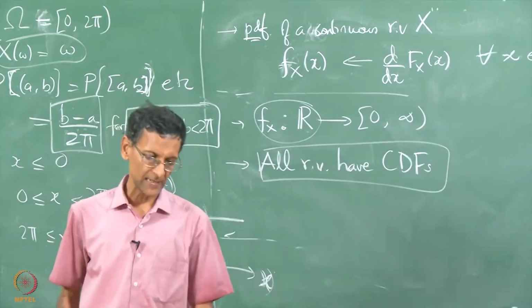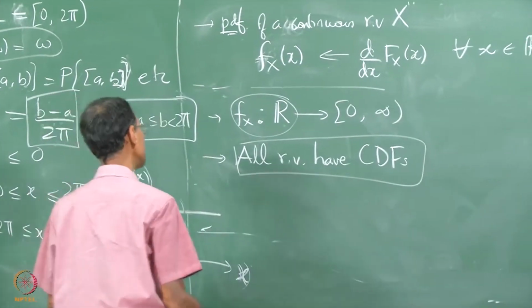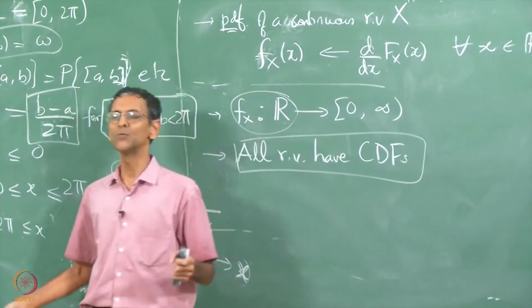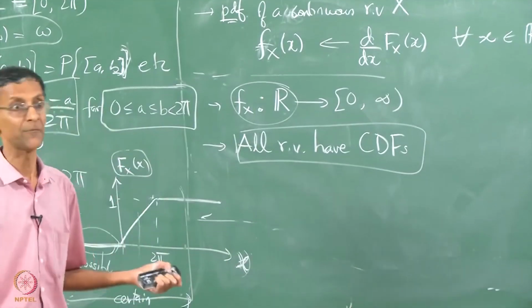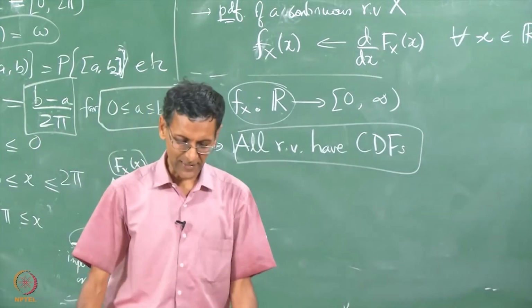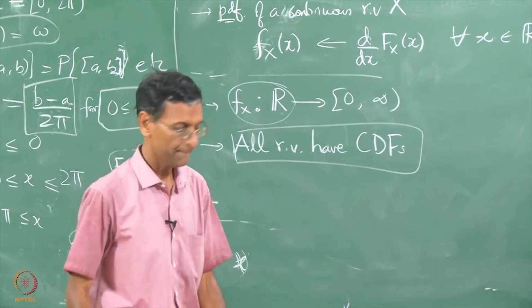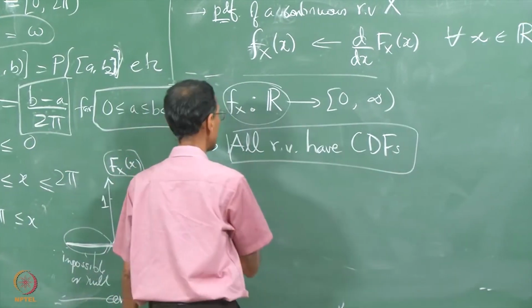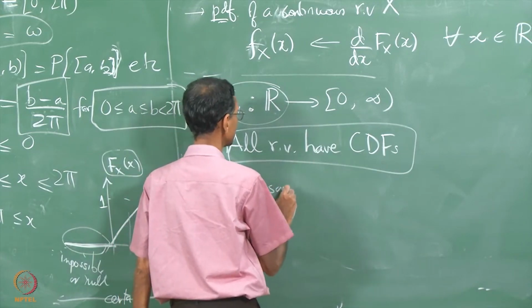So the CDF turns out to be the mathematically unifying concept for a random variable, whether it is continuous or discrete. So what kind of a CDF does a discrete random variable have? It turns out that discrete random variables have staircase CDFs.